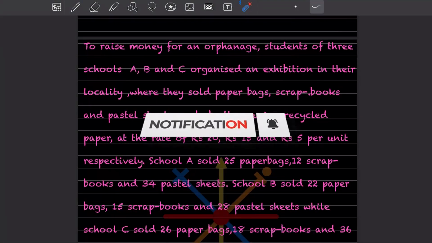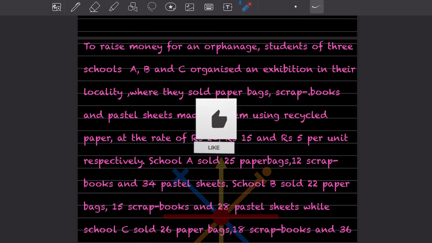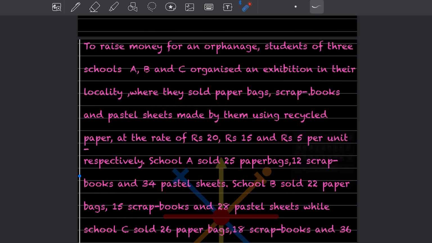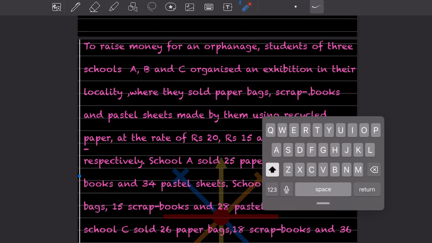So now look at here. To raise money for an orphanage, students of 3 schools, A, B, and C, organized an exhibition in the locality where they sold paper bags, scrapbooks, and pastel sheets made by them using recycled paper at the rate of rupees 20, 15, and 5 per unit, respectively.